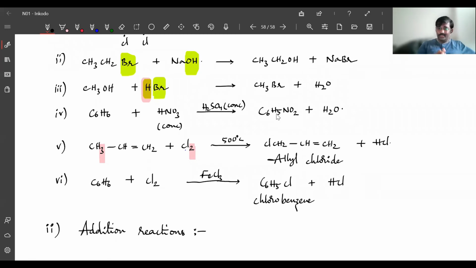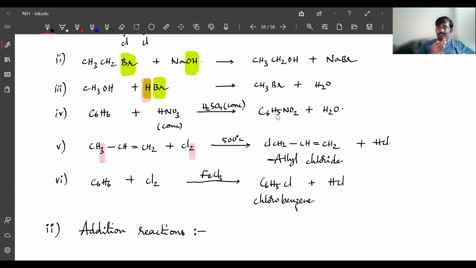And one more important thing: when additions are taking place, suppose I have an sp carbon, that means a triple bonded carbon, that will become sp2. The sp carbon becomes sp2 after addition. Similarly, if I have an sp2 carbon, a double bonded carbon, that will become an sp3 carbon.